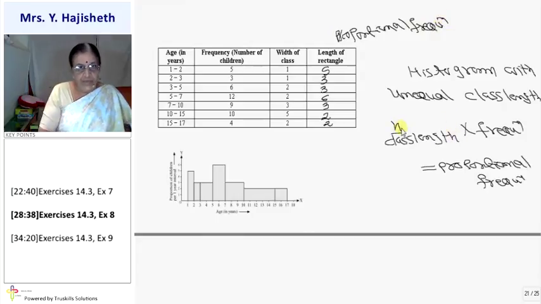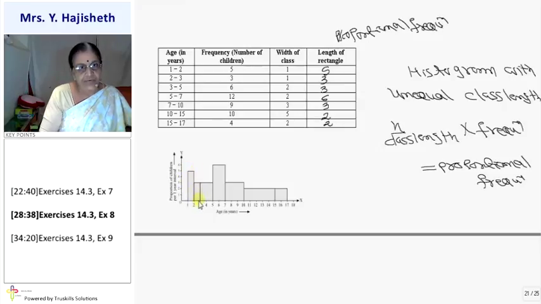Okay? Now you take classes on x-axis and proportional frequency on y-axis. Now first class 1 to 2, the frequency is 5. So we take a rectangle of width 1 centimeter and height is equal to 5 centimeter. Okay?